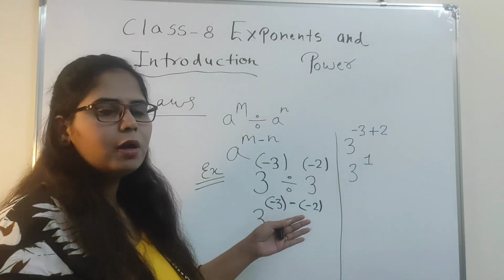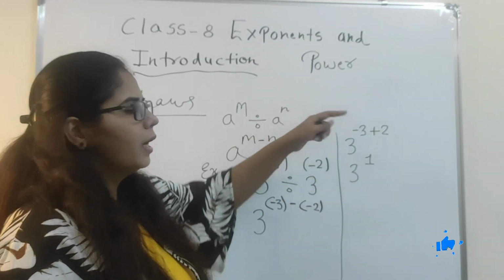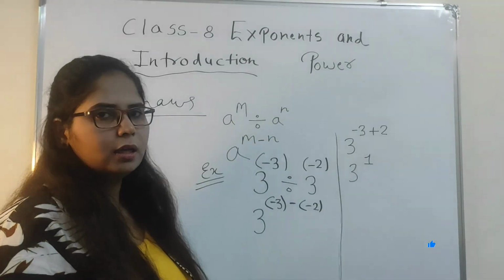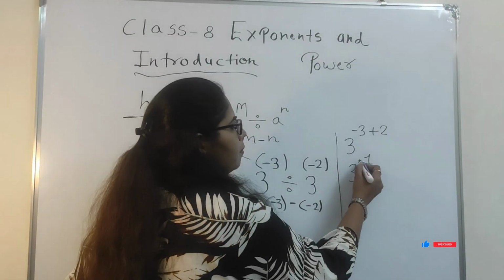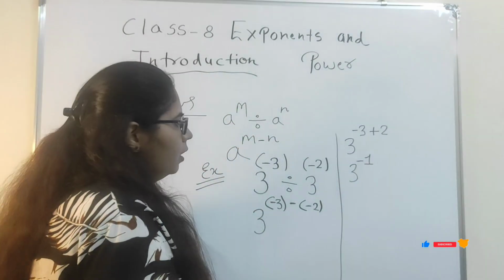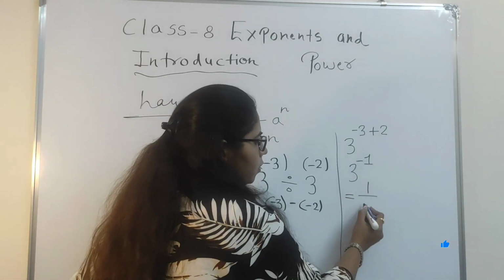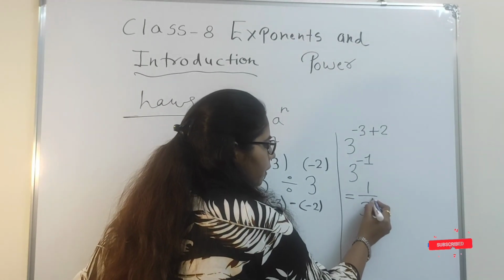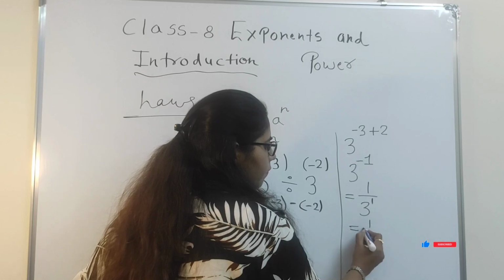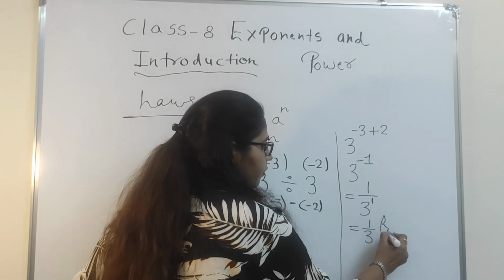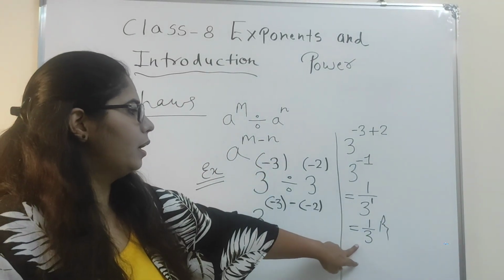But which sign will it be? Because 3 is greater, and what is the sign of 3? That is the negative sign. So here it will become minus 1. Now 1 upon, because here is a negative power, 1 upon 3 to the power 1. So the answer will be 1 upon 3. That is your final answer.